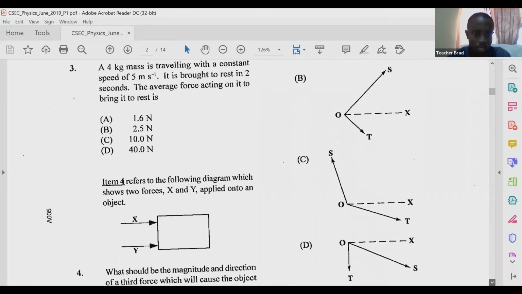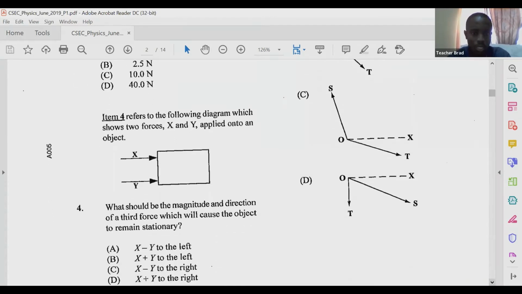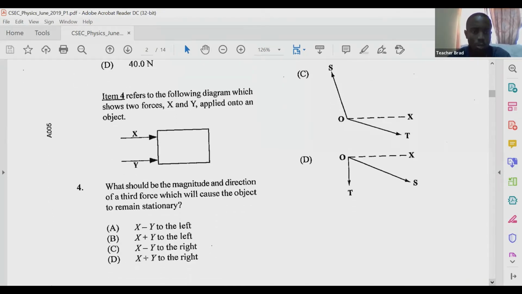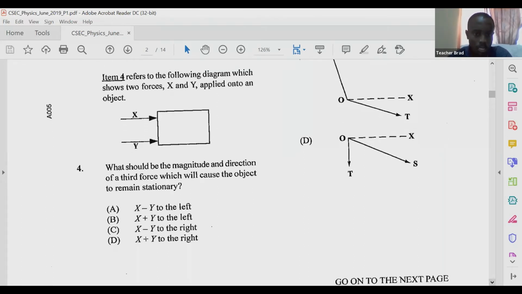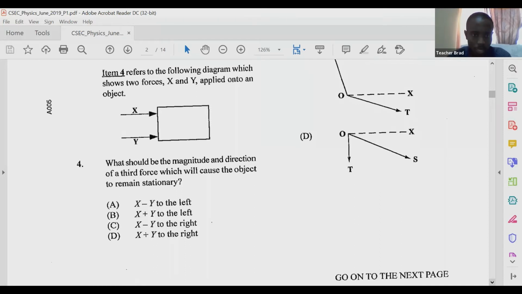All right, so question 4, item 4 refers to the following diagram, which shows two forces, X and Y, applied onto an object. And it says, what should be the magnitude and direction of a third force, which will cause the object to remain stationary?